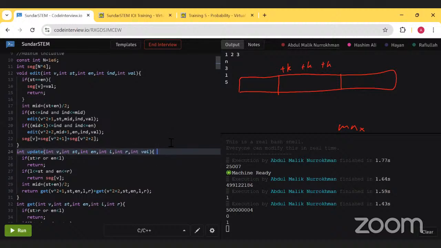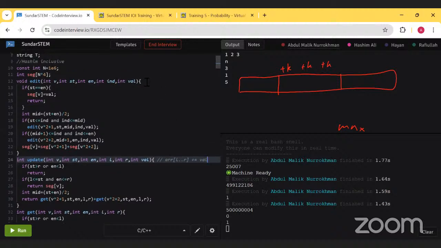That means we want to add all of them, all the array from L to R, plus by value. While this edit means array in some index becomes value. Okay.